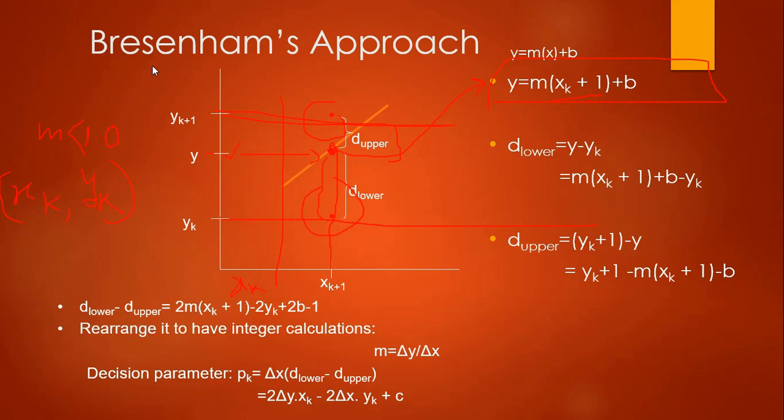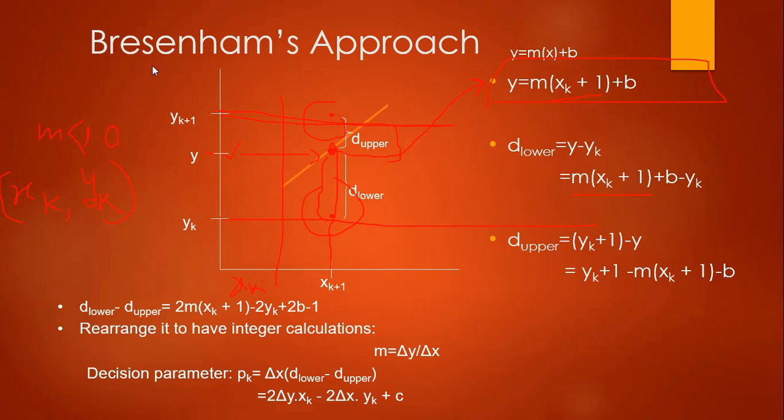That is called d lower. So what is d lower? D lower is given by y minus yk. If you substitute this y, we get m into xk plus 1 plus b minus yk. And what is the upper portion?